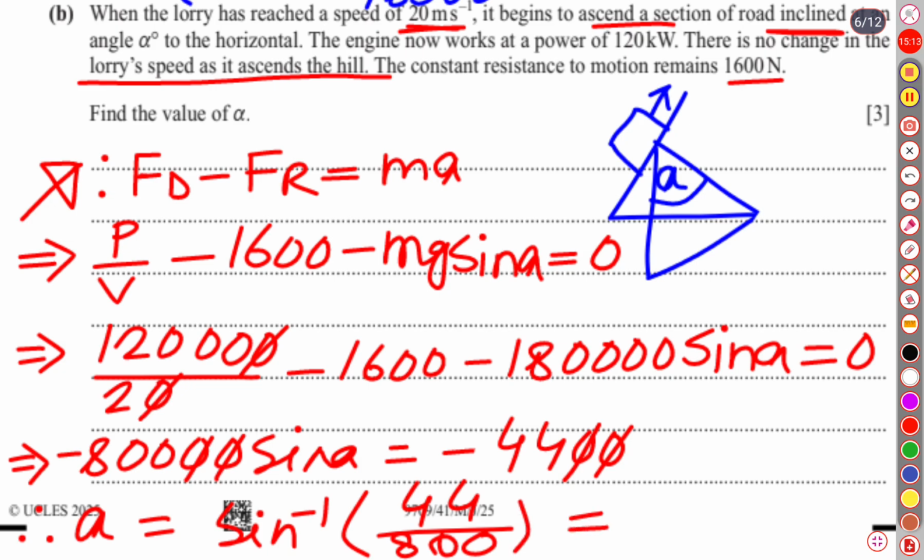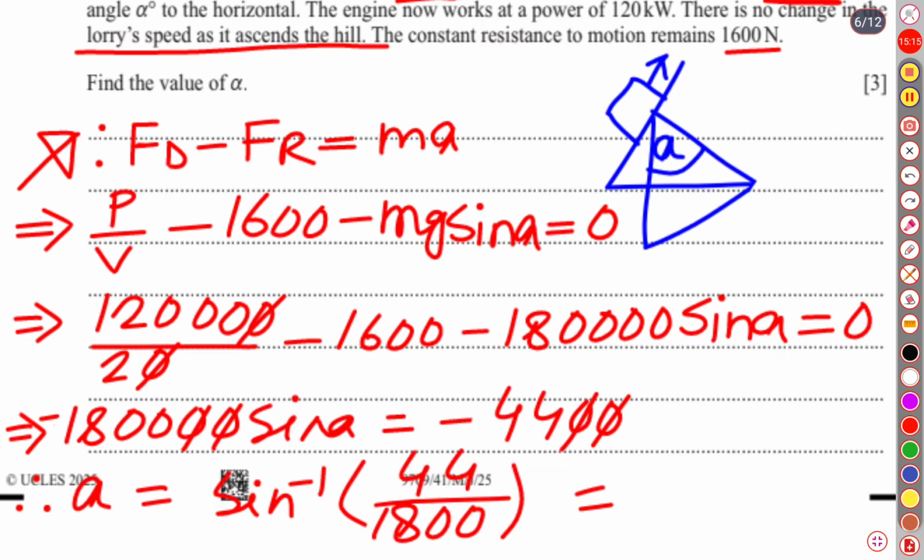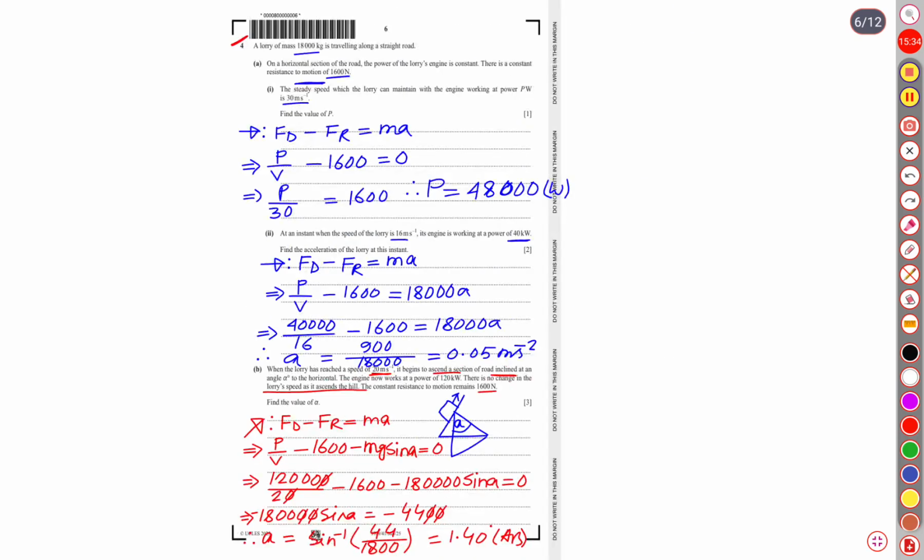Using our calculator, we find that the angle is sine inverse of 44 over 800, equal to 1.40 degree. So that is the final answer to this one. That means the angle is 1.40 degree.